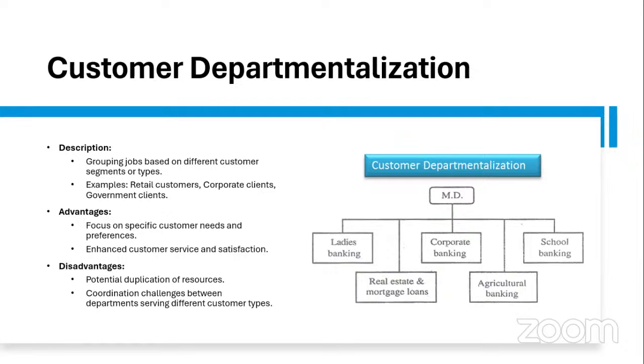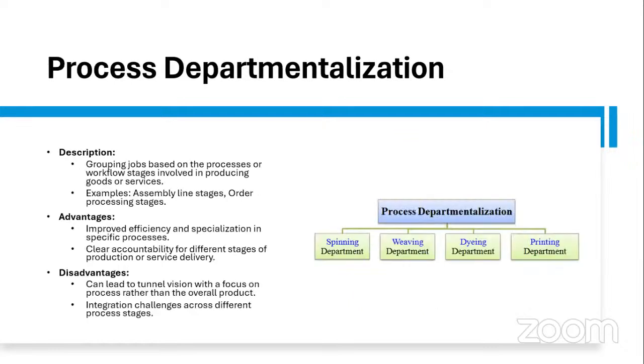Disadvantages: potential duplication of resources, coordination challenges between departments serving different customers. So you can see examples there: ladies banking, corporate banking, school banking, real estate and mortgage loans, agricultural banking. These services are specific to specific customers.